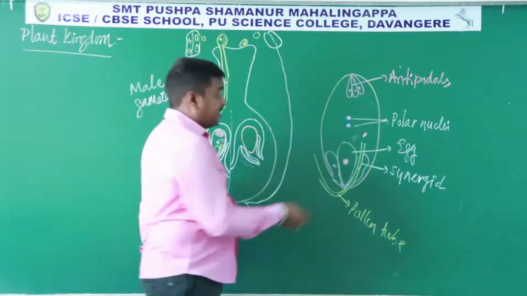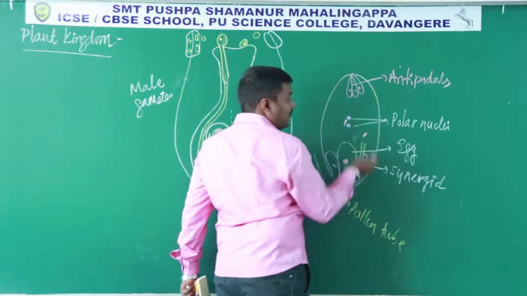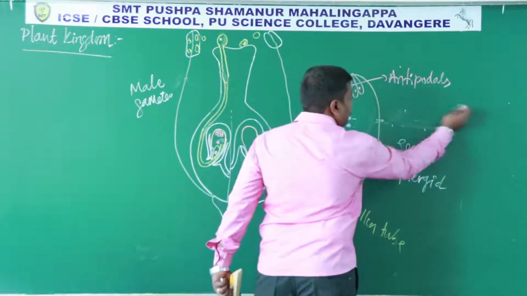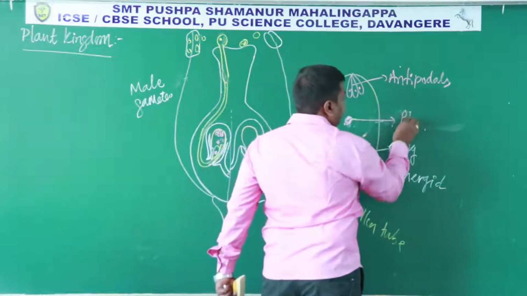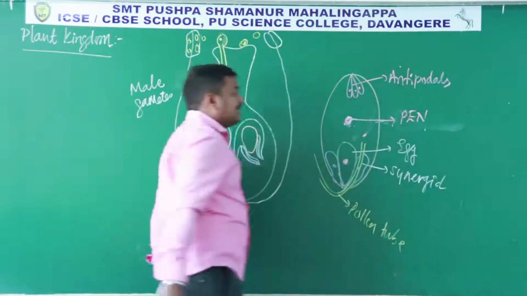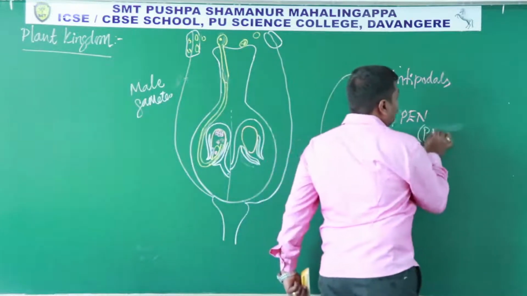This is called syngamy. Another gamete fuses with the 2 polar nuclei. Now after the fusion, it is called PEN, which means primary endosperm nucleus.